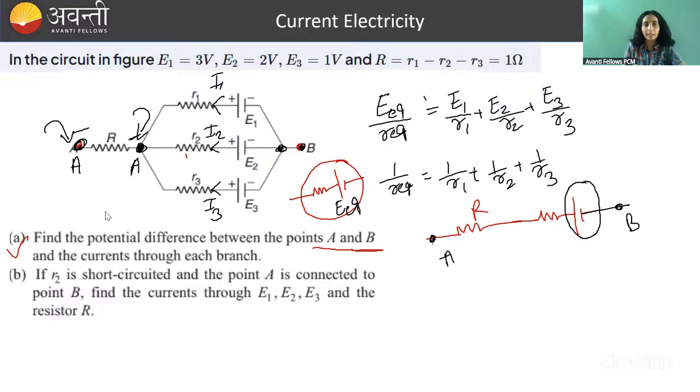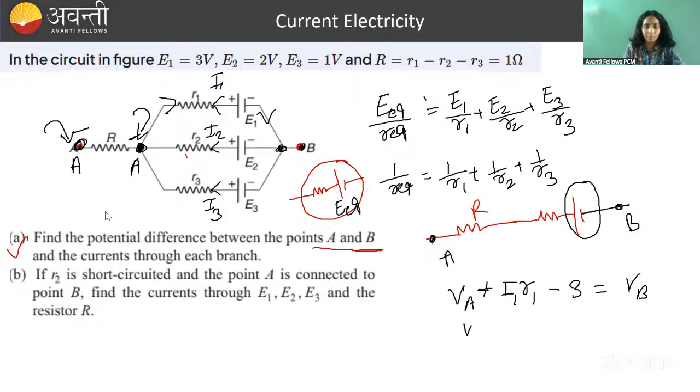So let's start from A. Here you will write VA. मैं इधर की तरफ KVL लिख रही हूँ, A से B, going through the first branch, the top branch. I am going opposite to the direction of current. So VA plus I1 R1 minus E1, that is 3 volt, is equal to VB. ठीक है?